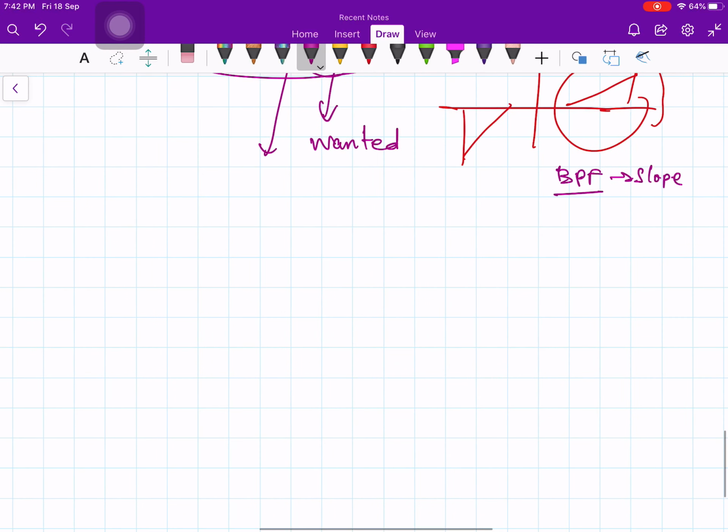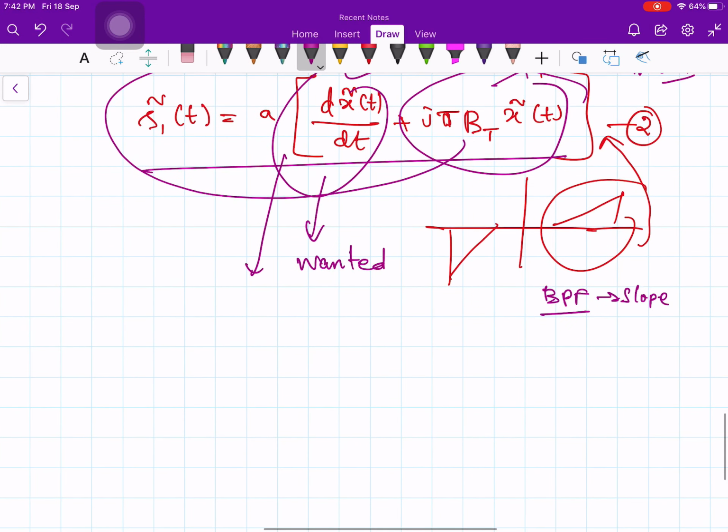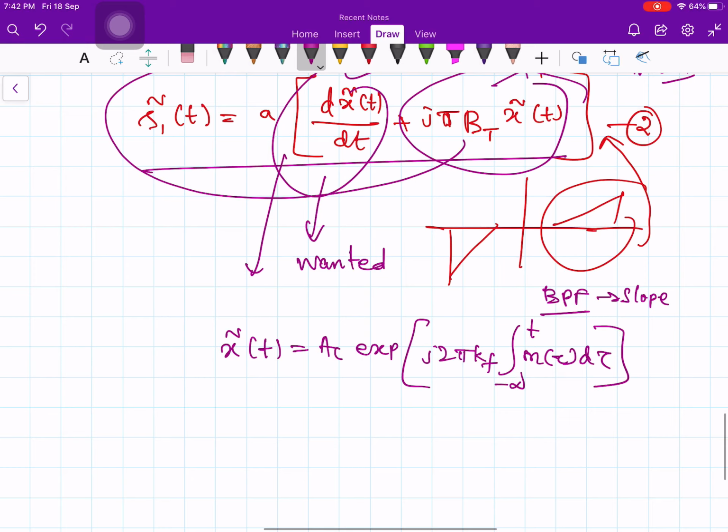Okay, so x tilde of t is equal to AC times exponential of j times 2 pi kf integral of m of tau d tau. Now you differentiate with respect to time.